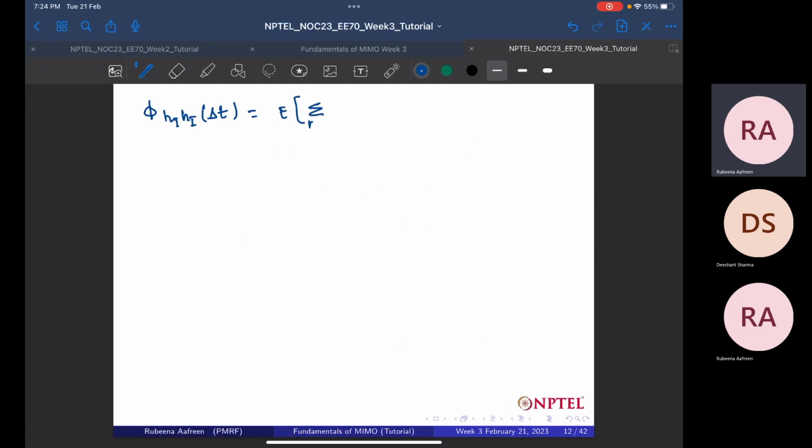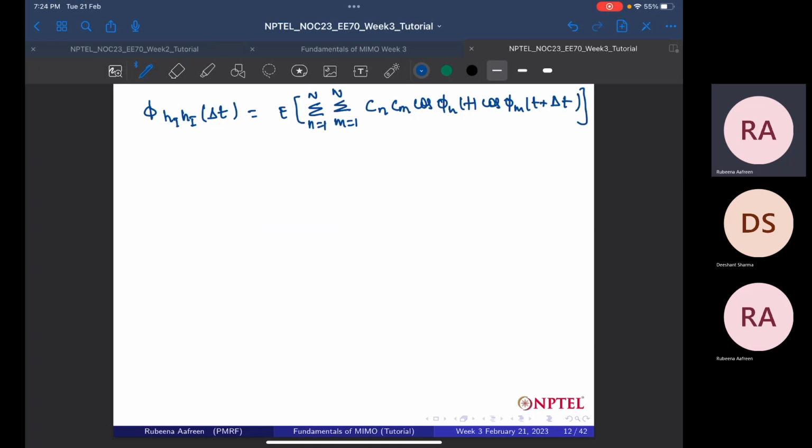So this will come as summation n equals 1 to m, m equals 1 to m, c n cos of phi n t, cos of phi n t plus delta t.